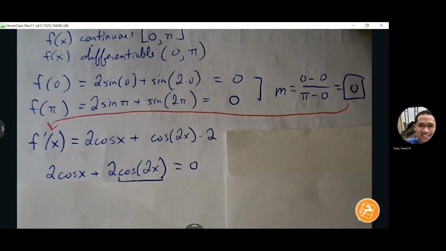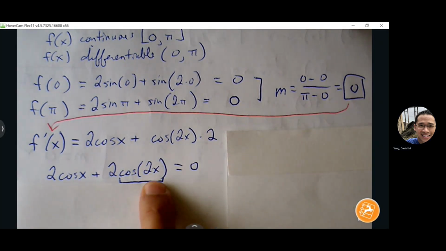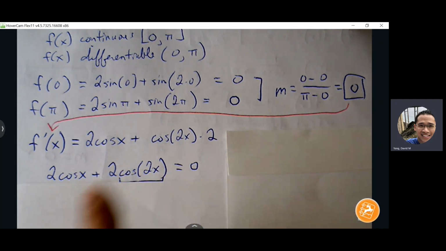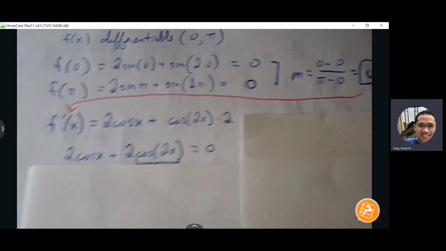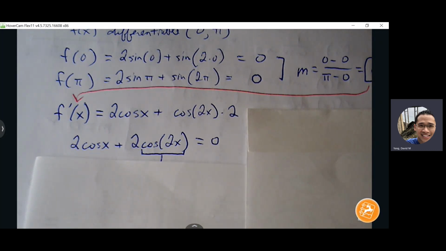I have that double angle identity that I have to resolve. So I'm going to pick the one that has only cosine in it, since everything else is cosine. Now, if you see a double angle on your test, I'll give you the formulas for them so you can apply it. So I'm not going to ask you to memorize those double angle formulas.